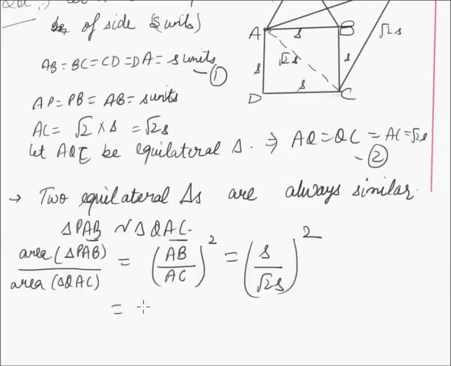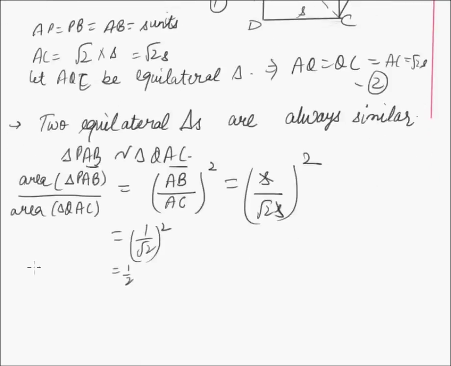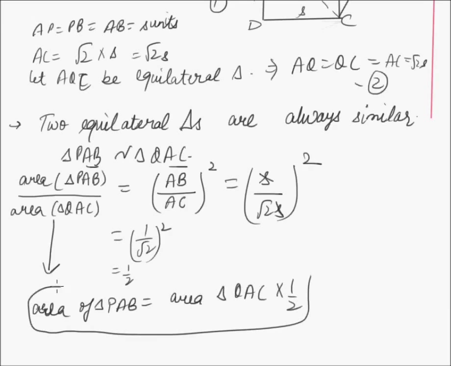So S gets cancelled by S, and we are left with 1 by root 2 whole squared, that is 1 by 2. Thus this ratio is equal to 1 by 2, or we can say the area of triangle PAB is equal to the area of triangle QAC into 1 by 2.